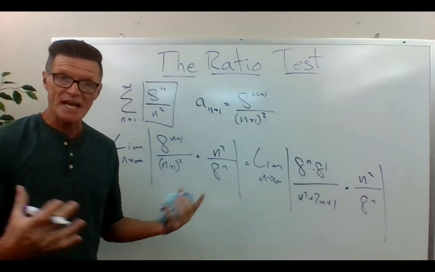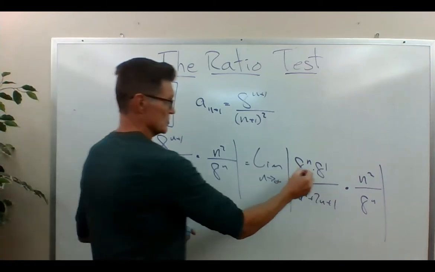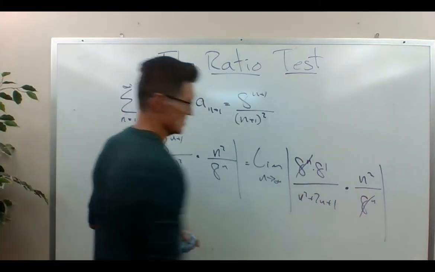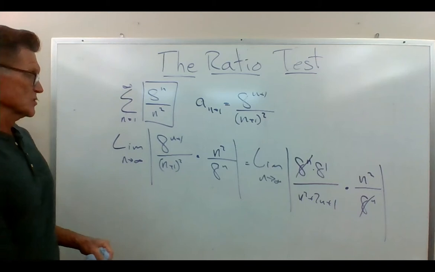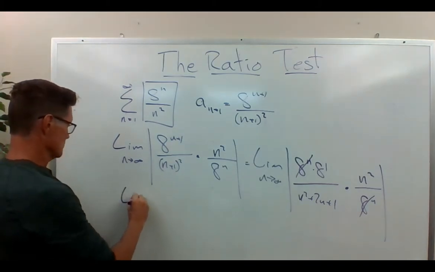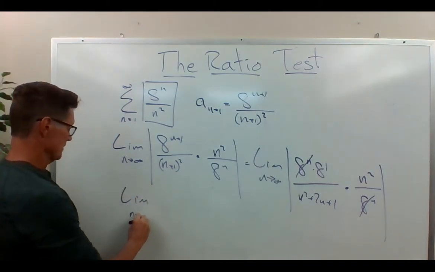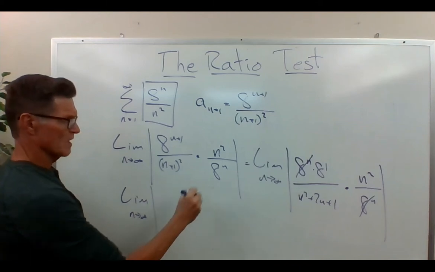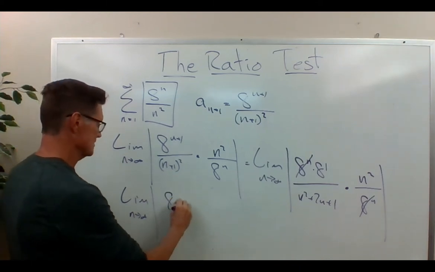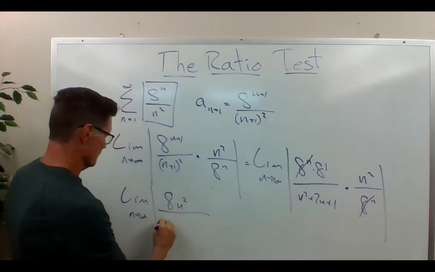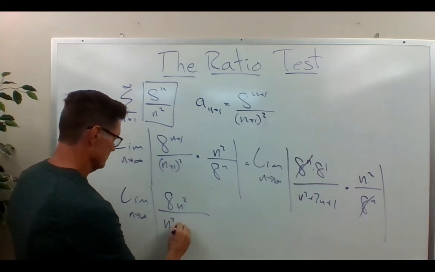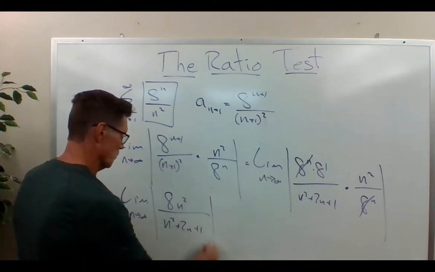Okay, now let's just cancel out anything that cancels out. So 8 to the n cancels out with 8 to the n. And so what we are left with is the limit as n approaches infinity of 8 times n squared over n squared plus 2n plus 1.